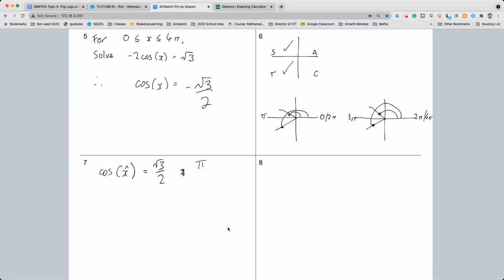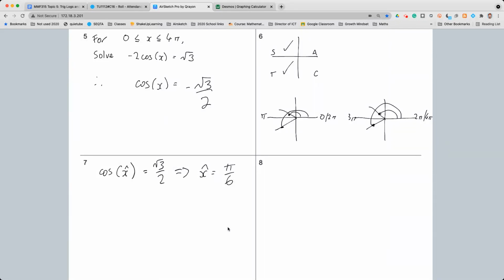Therefore, x hat equals pi on 6. Remember, I'm looking for the acute angle at this point. I'm not really interested yet in working on what x is. I'm just working out the acute angle.